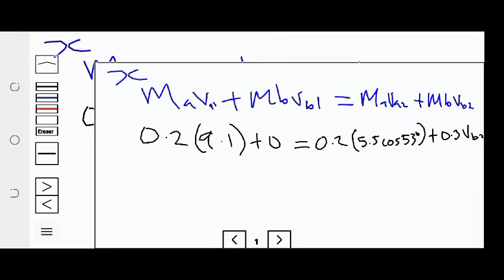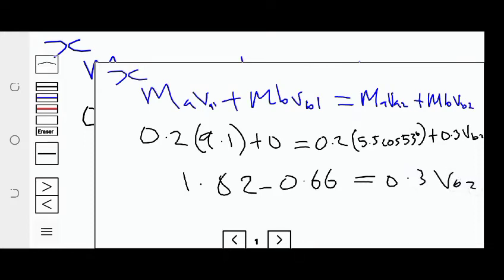Okay, so 0.2 multiplied by 9.1 gives us 1.82, which is equal to 5.5 cos 53 multiplied by 0.2, which gives us 0.66, plus 0.3 times VB2.